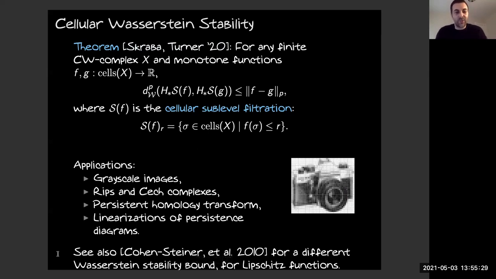And I also want to mention that this is not the first Wasserstein type stability result for functions in the literature. There's an earlier one that is due to Cohen-Steiner and company. It concerns Lipschitz functions. It has a bit of a different flavor, like infinity appears over here where I'm highlighting instead of p, and there's an exponent up here.